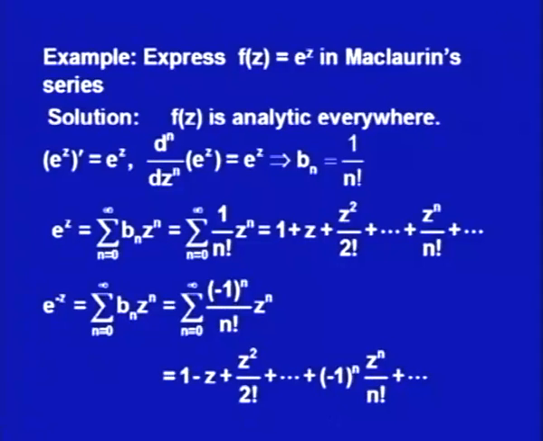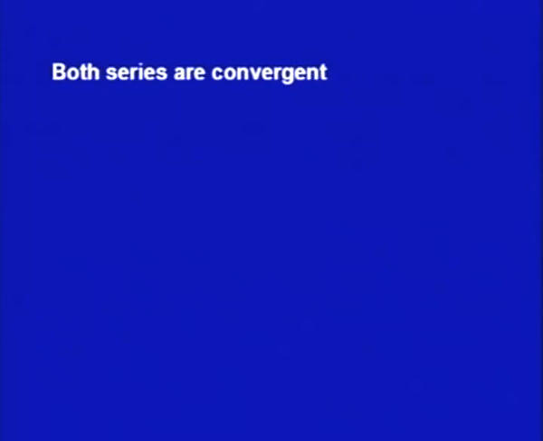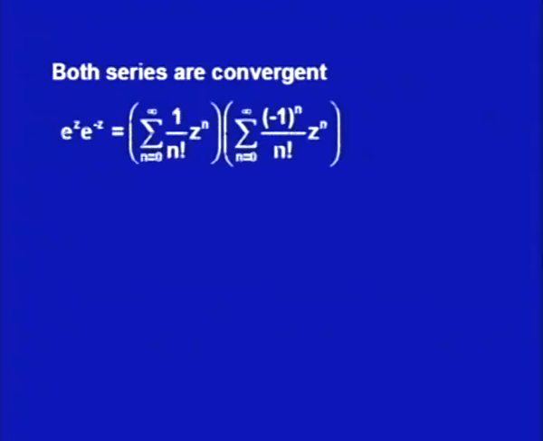Now, since both the functions e^z and e^(-z) are analytic, both the series are convergent, and if we multiply them, then e^z into e^(-z) is equal to the product of the series. This is the series for e raised to power z, and this is the series for e raised to power minus z.